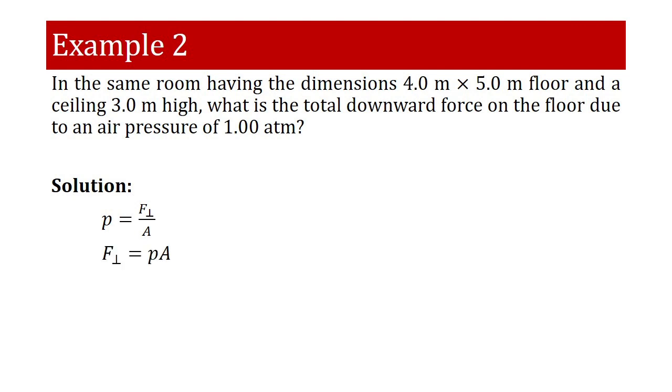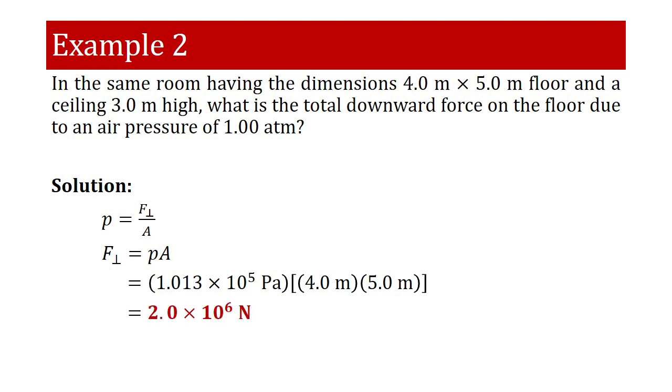So you just rearrange the formula and get F equals P times A. We know the atmospheric pressure is 1 atm or 1.013 times 10 to the 5 pascals. And the area, you just calculate length times width, 4 times 5. So you will get 2.0 times 10 to the 6 newtons.